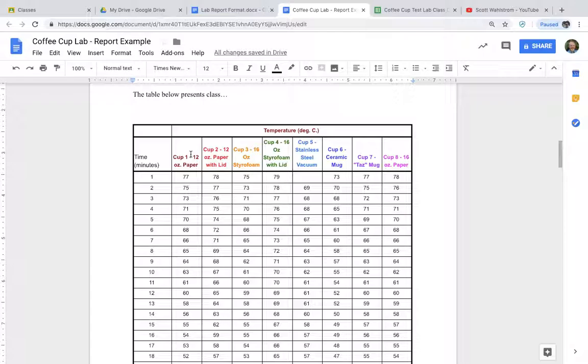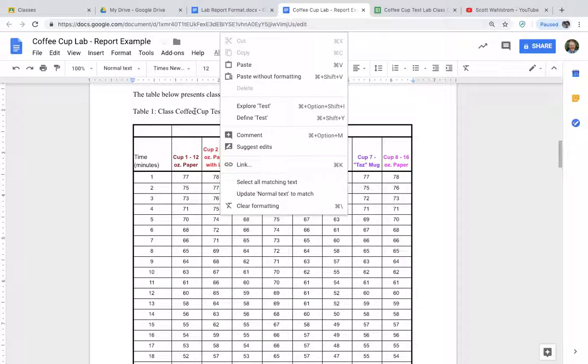All right, so kind of moving on. All tables deserve a title. I'm going to call this Table 1: Class Coffee Cup Test Data. I think that looks pretty good.